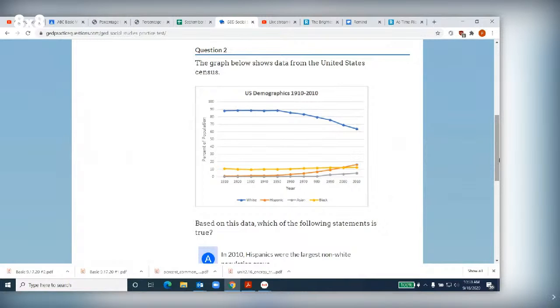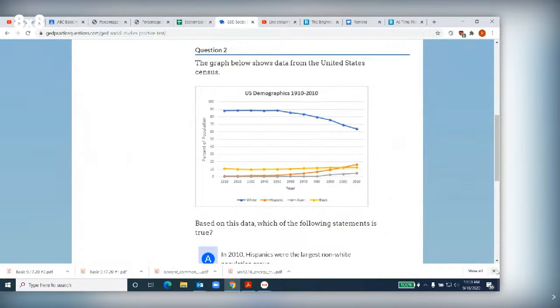The black population has stayed almost the same at about 10%. Hispanic, in 1910, was almost down at 0, and it's going up. The gray line, the Asian population, is also going up. That gives you a starting point.